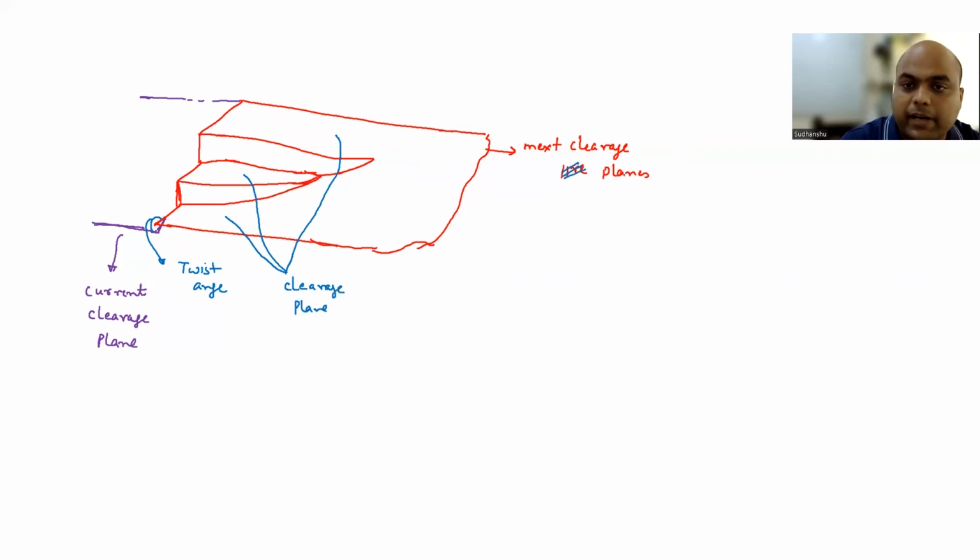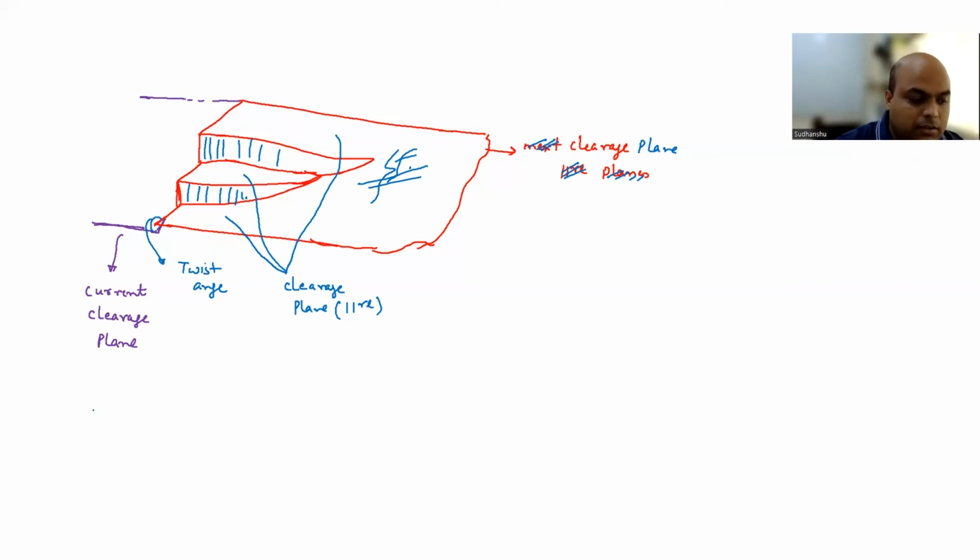So these are cleavage planes which are parallel. Okay. And finally they are going to merge. So this is what is happening after merging. So this is like a single crack here after they merge together.